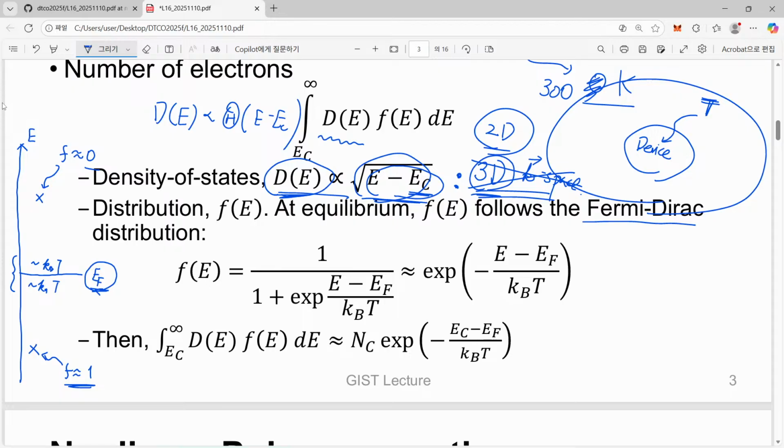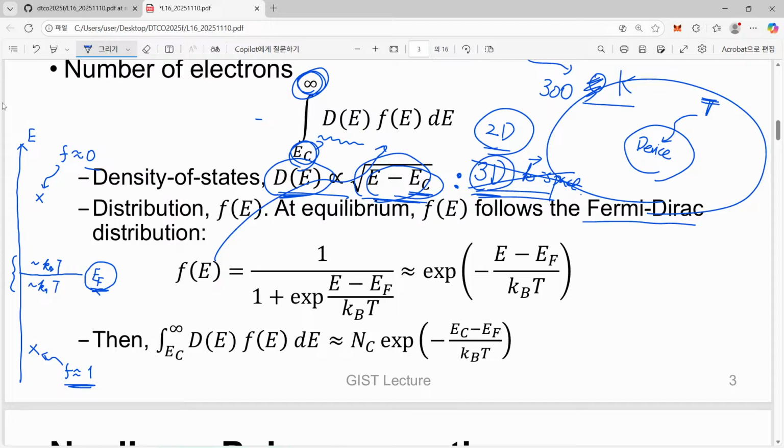So we can use this expression. Let's put these two expressions into this integral expression for electrons, starting from the conduction band minimum energy up to infinitely high energy.